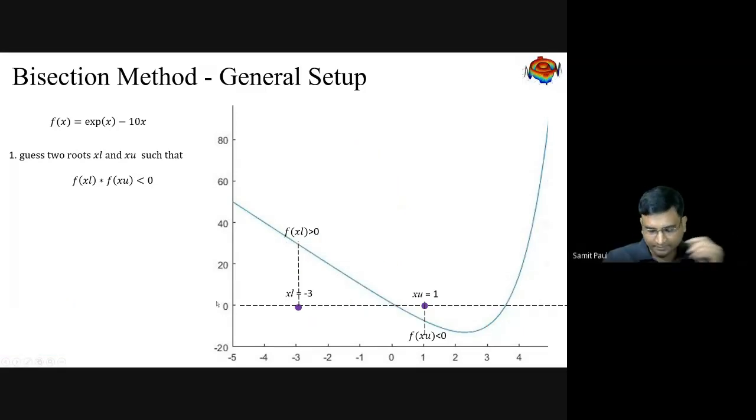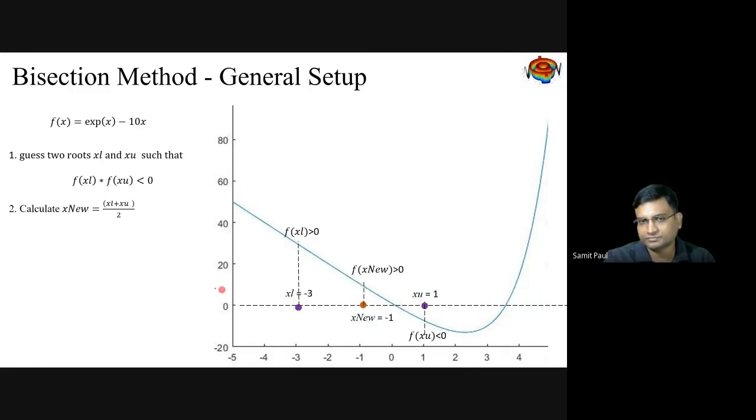Okay. Now the next step would be to bring these two guess values closer to the root. To do that, we will calculate the average of XL and XU, and we will define it as X new. So what is the average between -3 and +1?